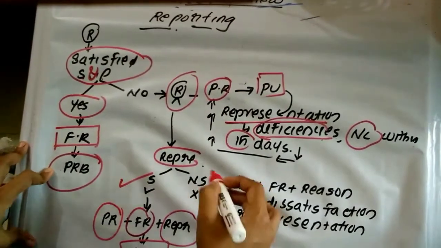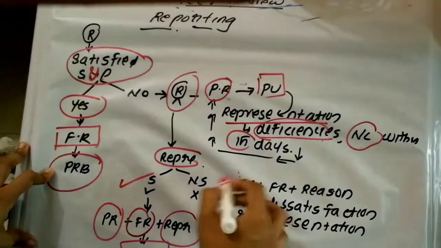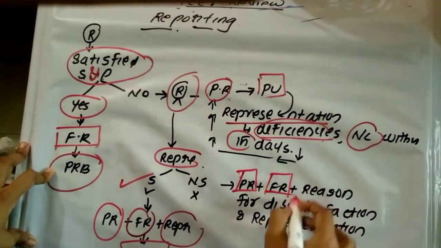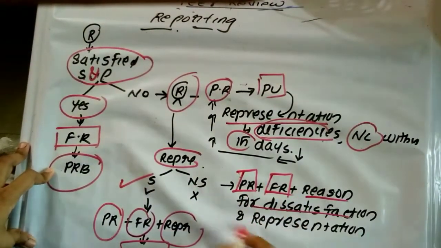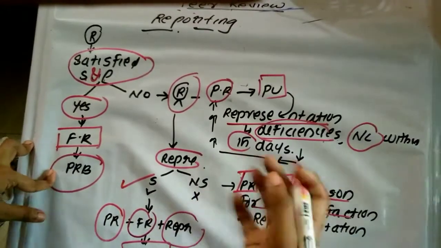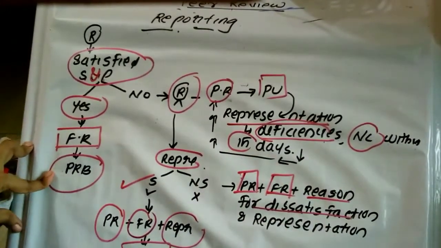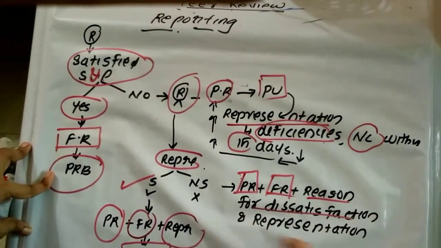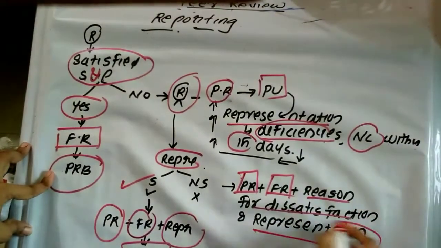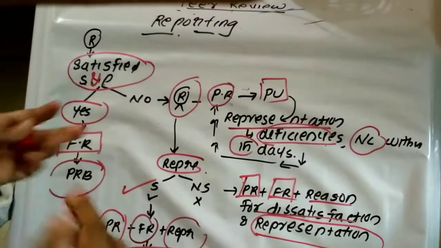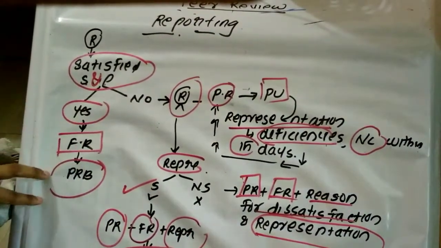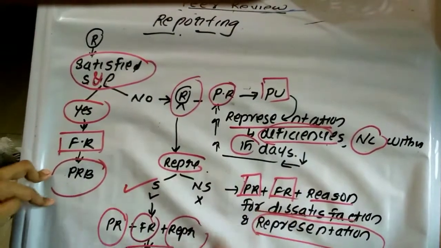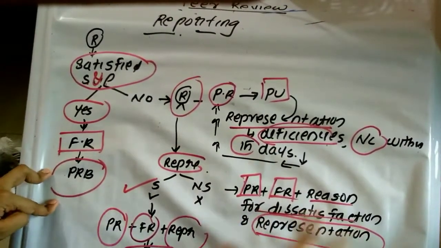In that case, they shall forward to the peer review board the following: preliminary report, final report, reasons for dissatisfaction, that is why they are not satisfied with the representation provided by the practicing unit. So the reasons for such dissatisfaction, then the representation which has been provided by the practicing unit, this has to be submitted, or reported to the peer review board.